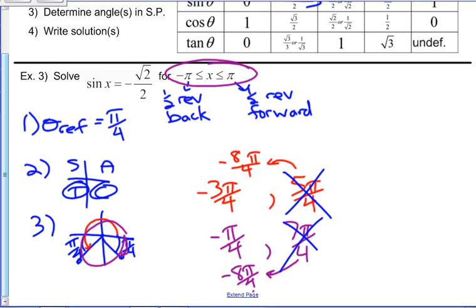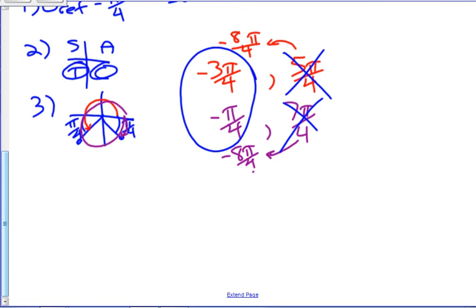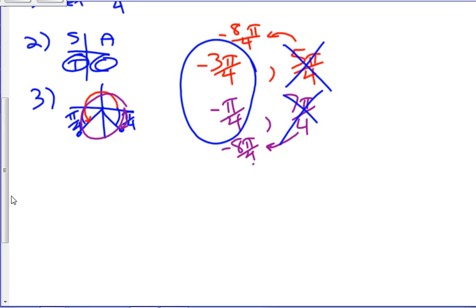They were outside the domain. But these ones over here, these are great. They're within the domain. So let's write them down as our solutions. X is the set of negative 3 pi over 4, and negative pi over 4.